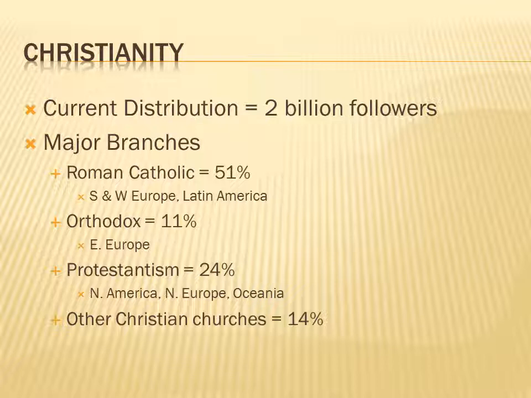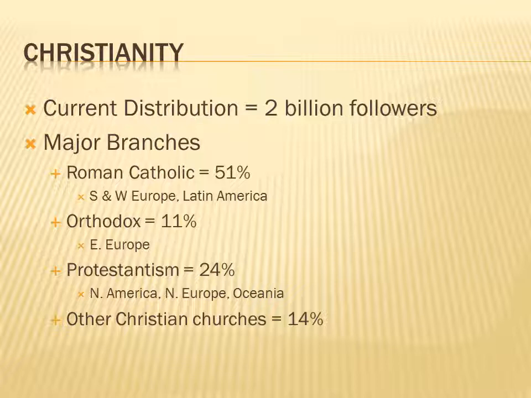Orthodox Christianity split from Roman Catholicism beginning in about the 5th century, and that split was largely finalized about 1054. Orthodox just by itself kind of means traditional. It means the more traditional aspects of a religion.